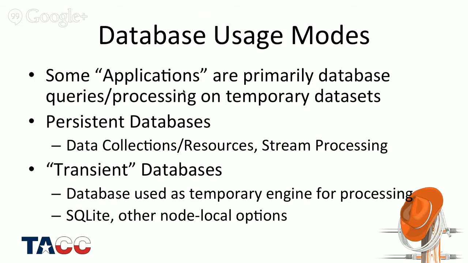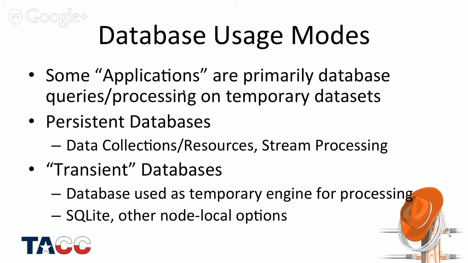This is appropriate in the Wrangler context for things like data collections, data that is itself a resource for some research community, or things like stream processing where you've got regular additions to a database and you want to continuously be able to perform new analyses or redo certain analyses as the data set is updated. Anything like that where the data set is long-lived and the research needs associated with the data set are also long-lived.